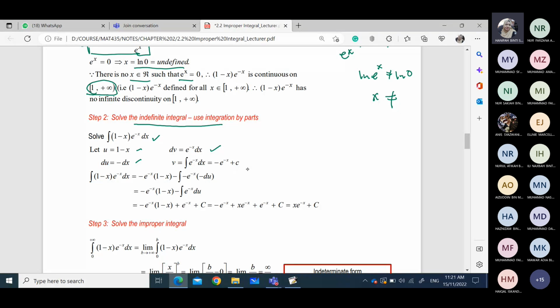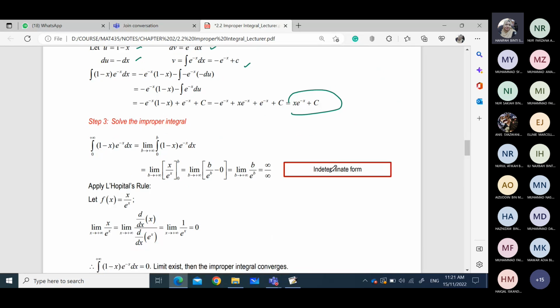So v is negative exponent negative x plus c. So you solve by using integration by parts: integral u dv equals uv minus integral of v du. So you masukkan, and then kita dapat jawapan yang ini: x exponent negative x plus c.